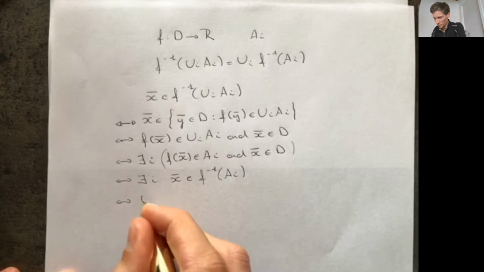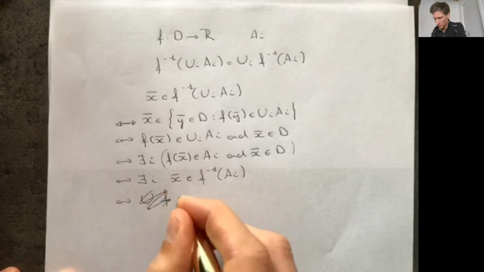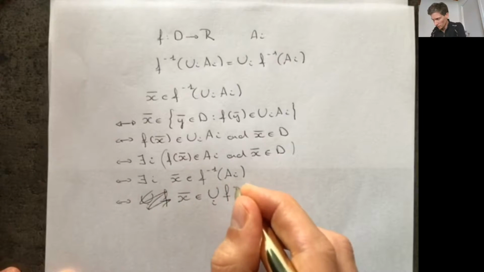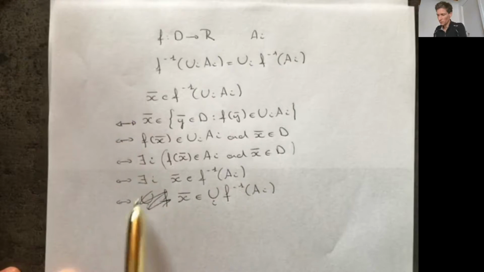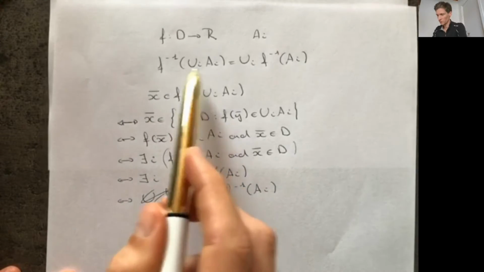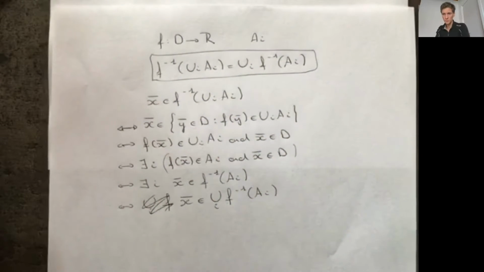This is nothing else than saying that x is in the union over all i of f minus 1 of A_i. And these are all equivalences, so you have indeed the equivalence of these two.